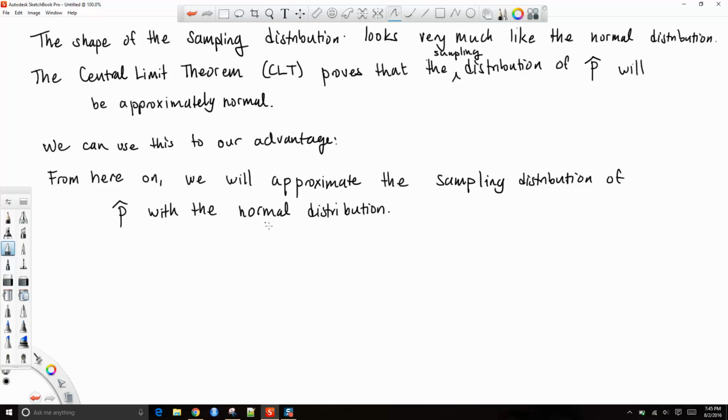So we're going to approximate the sampling distribution of p-hat with the normal distribution. The normal distribution will have mean equal to P. What is P? The population proportion. So the mean is going to equal the population proportion.